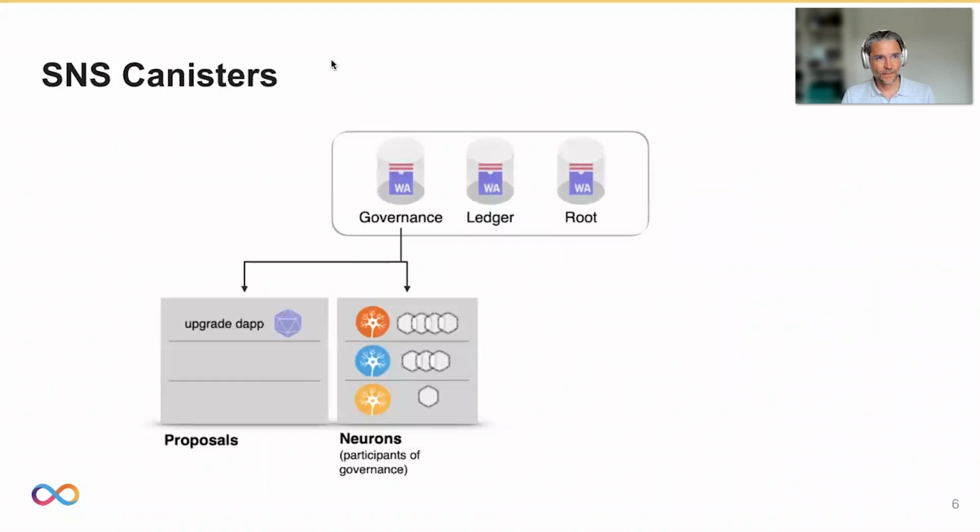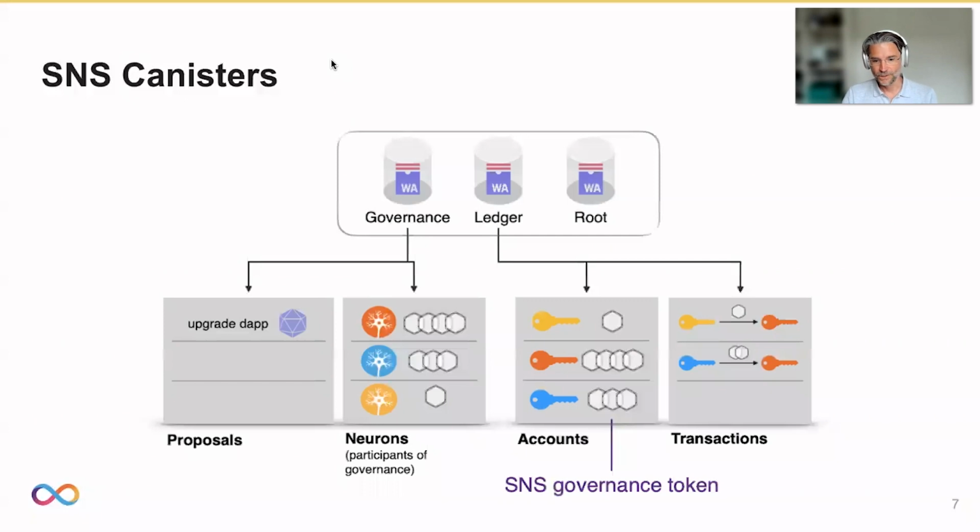Going into a little bit more detail, the governance canister supports two core concepts. The idea of proposals, which are executable upgrades that change the functionality of the DApp, and neurons, which are able to vote on those proposals, neurons being created by users staking their DApp tokens. On the other side, we have the ledger.